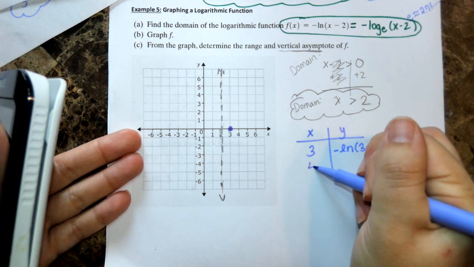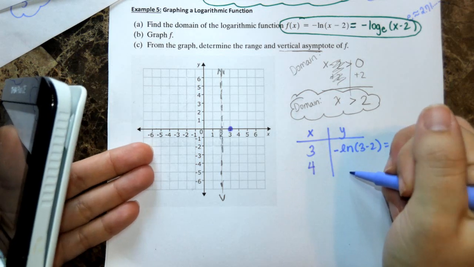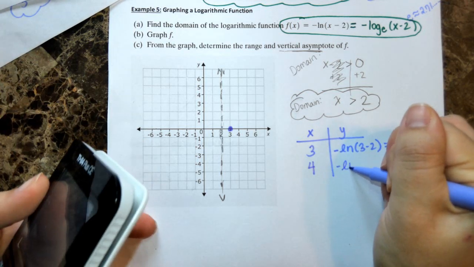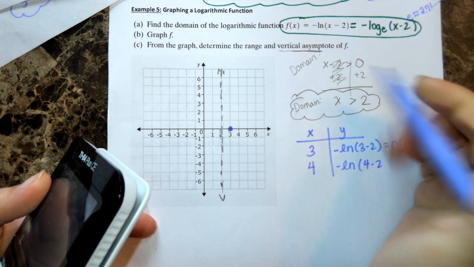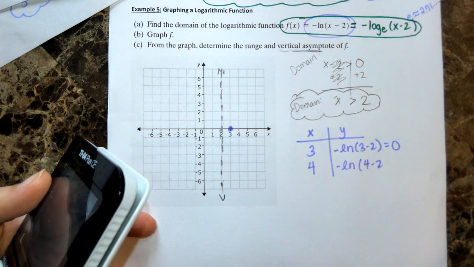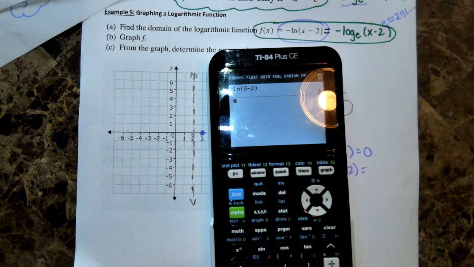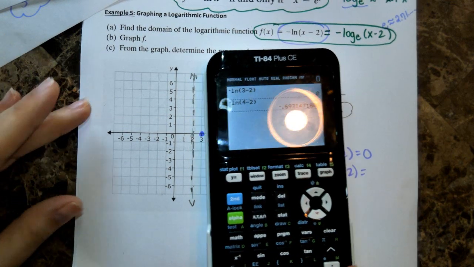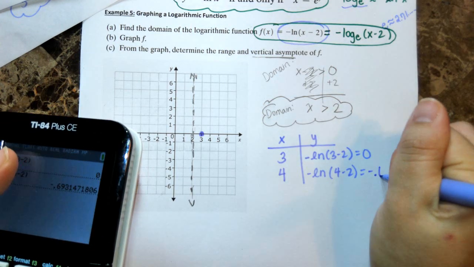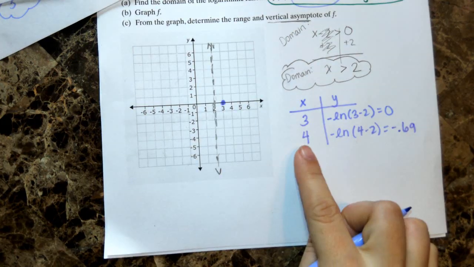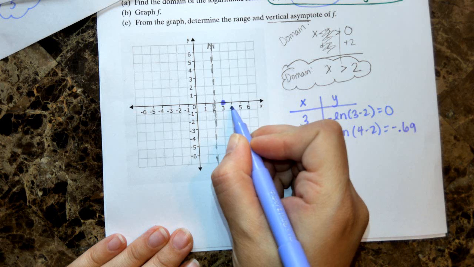I'm going to go ahead and plot a few more points. When x is 4, my y value will be negative natural log of 4 minus 2. I'm just using this equation up here to get my y value. Negative ln of 4 minus 2 is negative 0.69, which 4 comma negative 0.69 is somewhere right here.